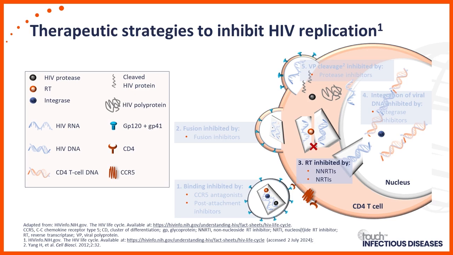We also have non-nucleoside reverse transcriptase inhibitors, such as efavirenz, that we used for many years, and they interfere directly with the reverse transcriptase enzyme. We also have protease inhibitors that interfere with the cleavage of the precursor proteins and make the virus immature.